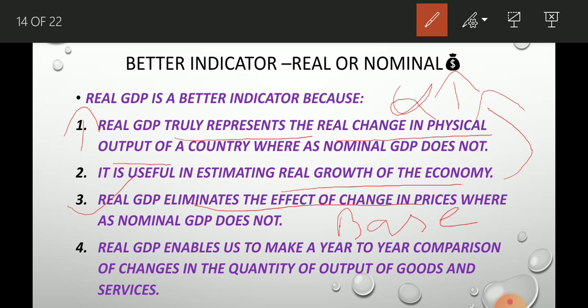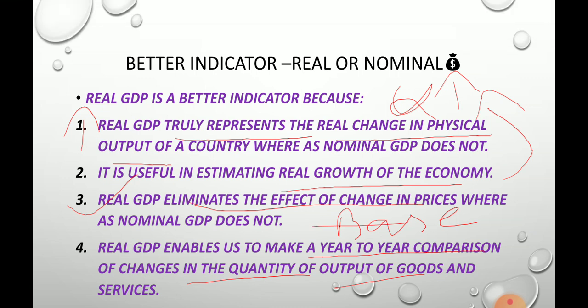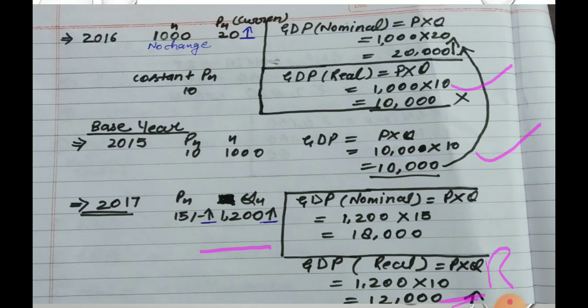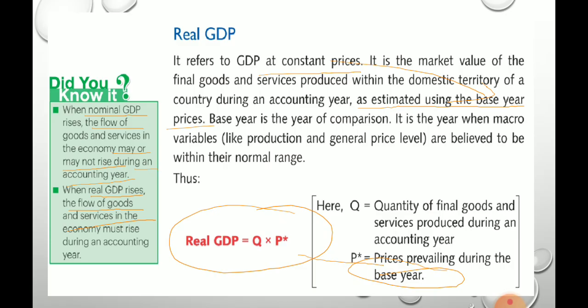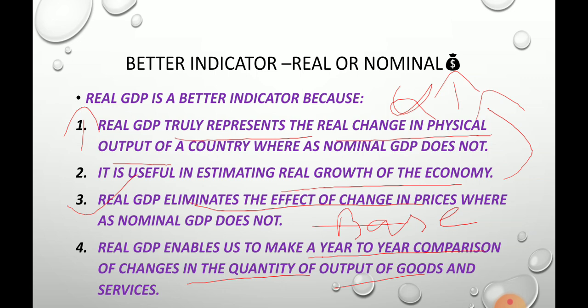Now, real GDP enables us to make a year-to-year comparison of changes in the quantity of output of goods and services. So here we can use that table again that I used earlier. Students, you can make use of this table again.